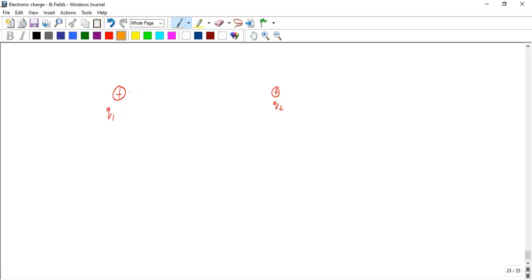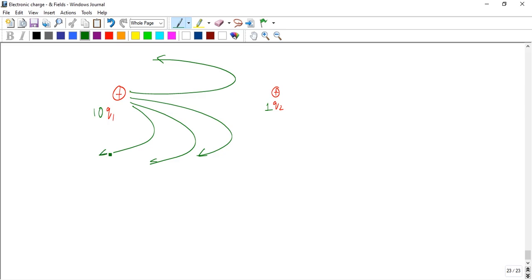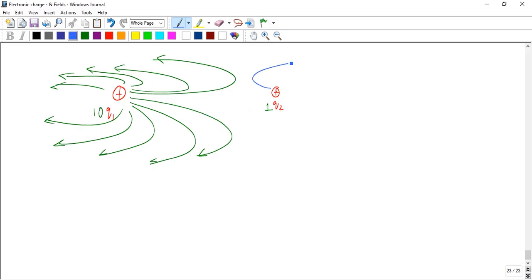If one is 10Q and the other is 1Q, it looks like this, and the Q2 is weak, so that is the weak region. And in between we get a neutral zone.